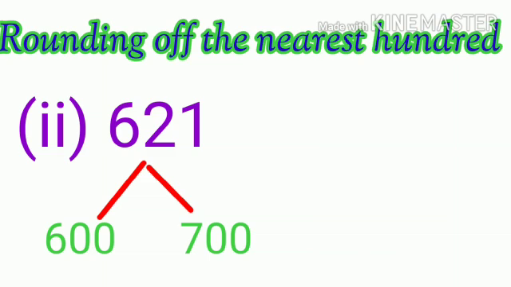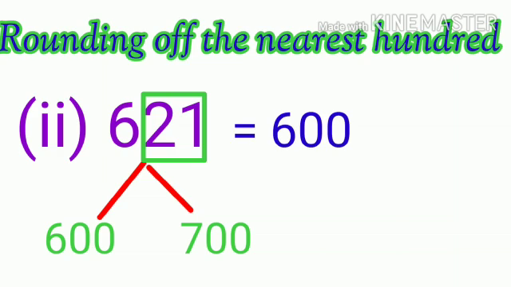If we have the number 621, we will round it off to 600 or 700. 621 has 21, which is less than 50. So we will round it off to 600.